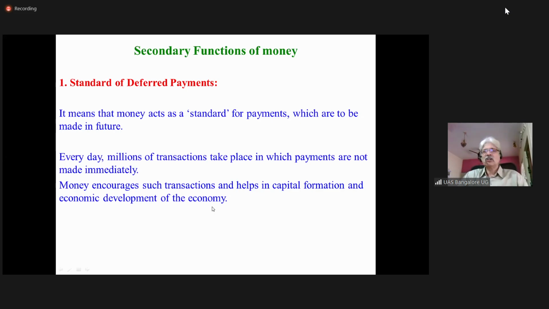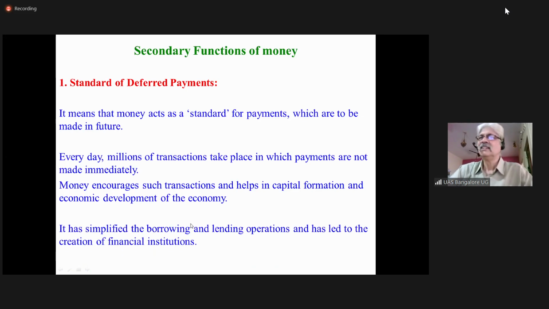So in the economy, everything cannot be done on the spot, immediately make the payment, take the goods. No, it is not possible. So credit is part of the economic development process. So this deferred payments will help in capital formation as well as economic development of the country.